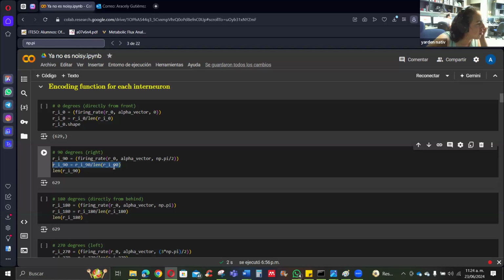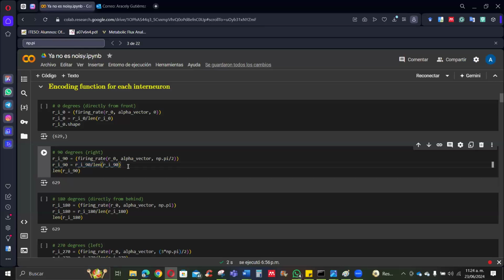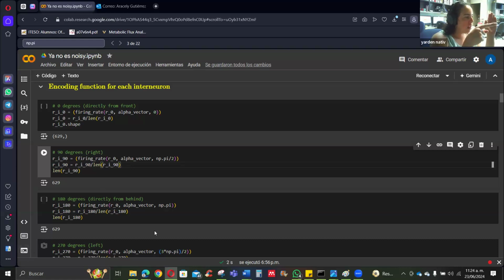This is not a normalization, Araceli, because when you use len, that means the number of indices in your vector. And here what you want is like a Pythagoras: you need a square root of all the squared values in this array.